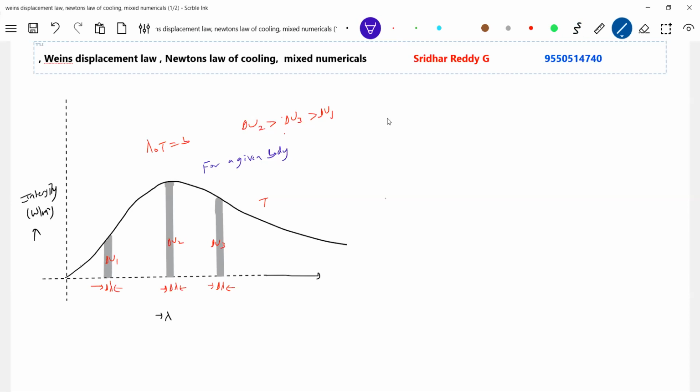Okay, let me go for a few more graphs. All these are questions available. Let me summarize them so it'll be very easy for you. This is wavelength. For three different bodies of the same area, I'm going to plot the curve.